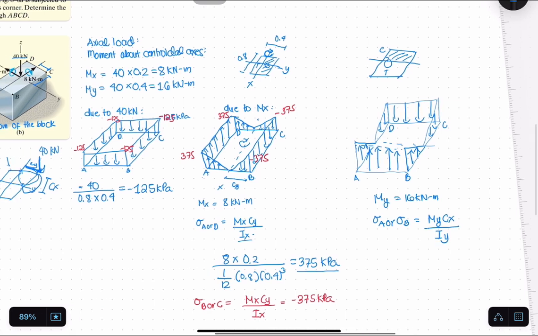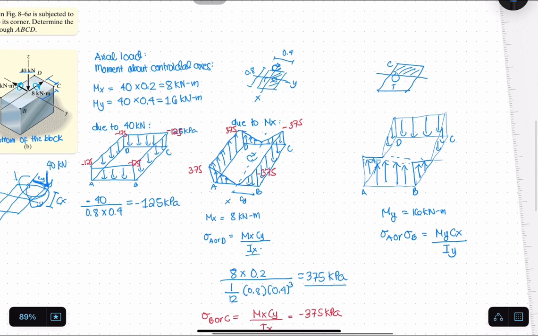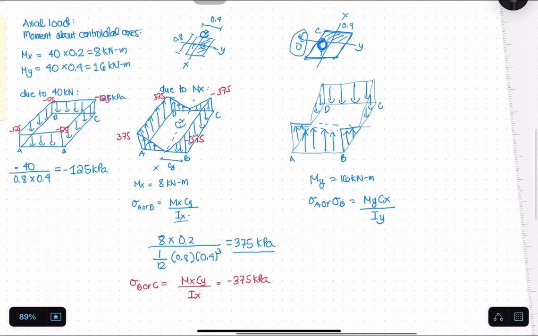Then, ang I natin is the IY, the moment of inertia about the bending axis, which is Y. Okay? And then, para makuha yung moment of inertia natin about the y-axis, so, di ba, ito yung y-axis, ito yung x, ito yung 0.8, ito yung 0.4. So, pag ganito yung ating moment, so, saan dito sa dimension ng section natin yung parallel yung direction niya sa moment. So, obviously, that is 0.8. So, bale, ang ating sagot for sigma A or B is MY na 16 times CX.